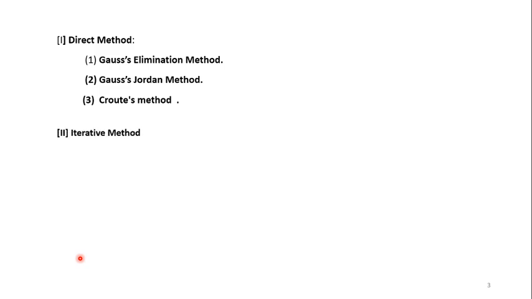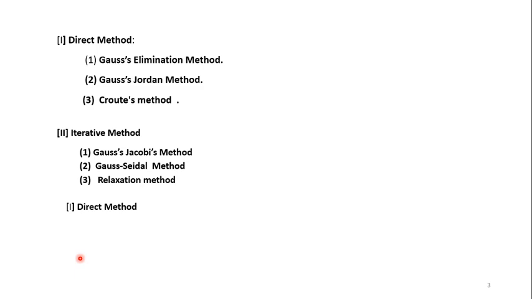Then we come to the iterative methods. One of them is the Gauss-Jacobi method, then its modification by Seidel, which we call the Gauss-Seidel method, and the third one is the relaxation method.